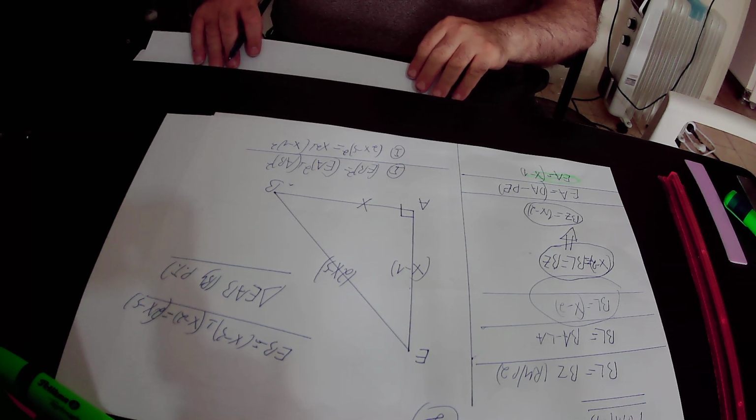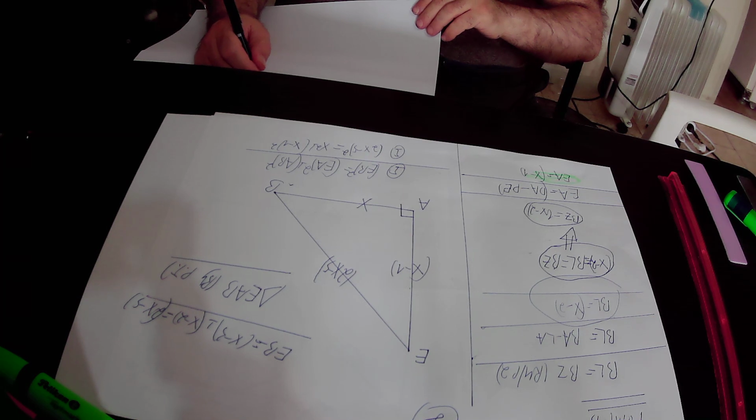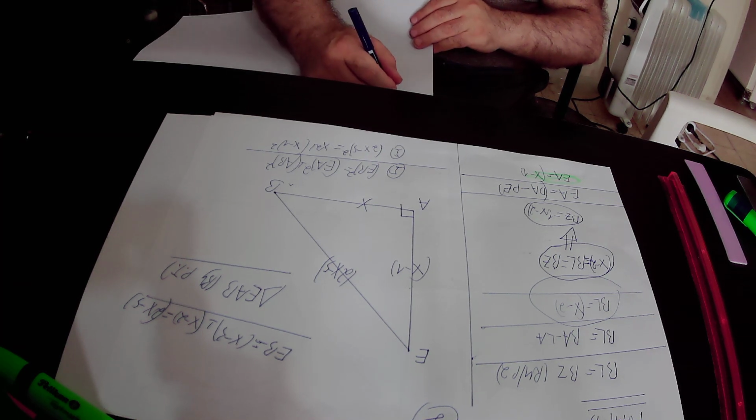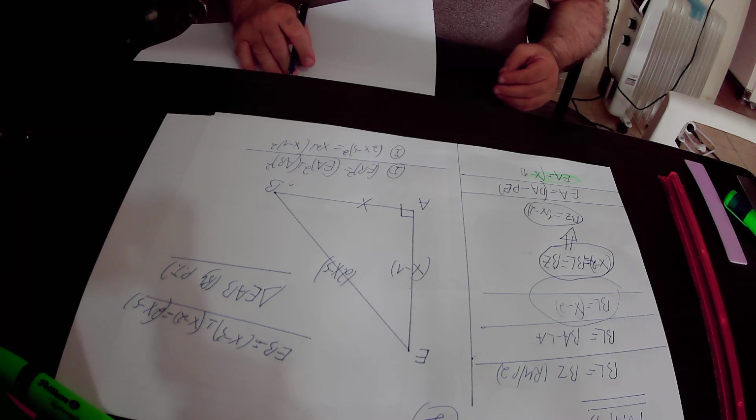Here we'll use the algebraic identity that (a minus b) squared equals a squared plus b squared minus 2 times ab.